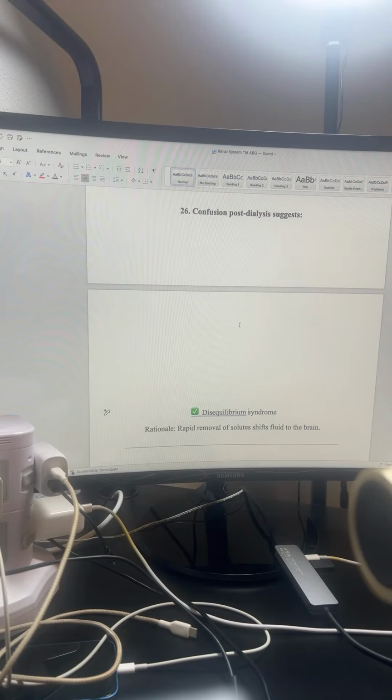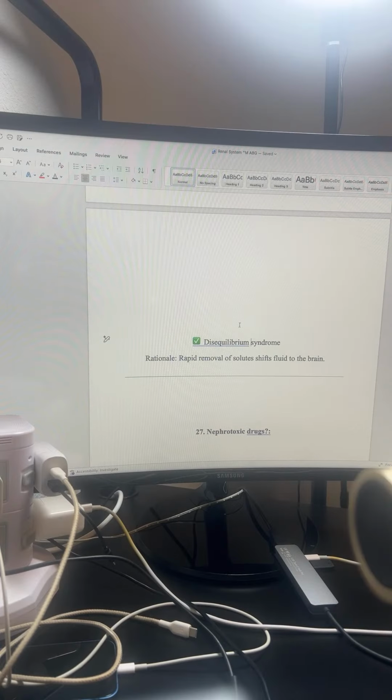Nephrotoxic drugs. What are some drugs that are nephrotoxic? They're bad for the kidneys. What are some medications you can think of? NSAIDs, vancomycin, Tylenol, mycins, yes. IV contrast, retrovirals, amphotericin. Yes.